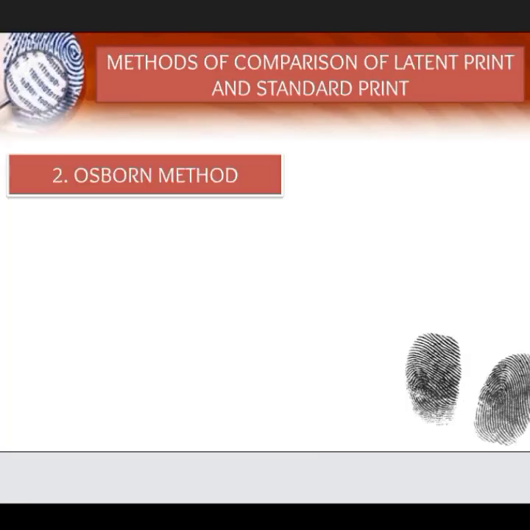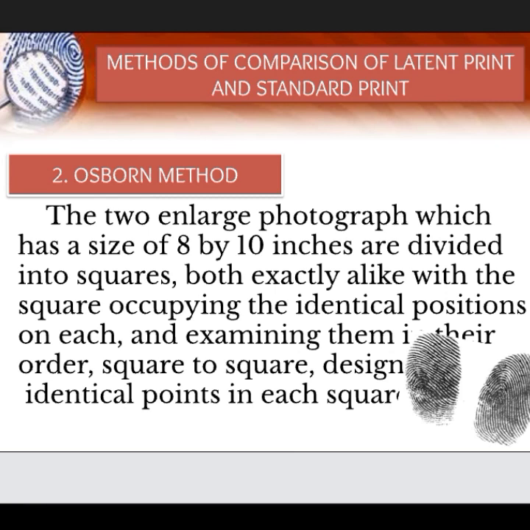D. Osborne grid method. The 2 enlarged photographs, which have a size of 8 by 10 inches, are divided into squares, both exactly alike, with the squares occupying the identical position on each. Examine them in order, square to square, designating the identical points in each square.